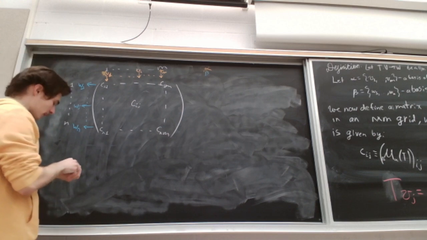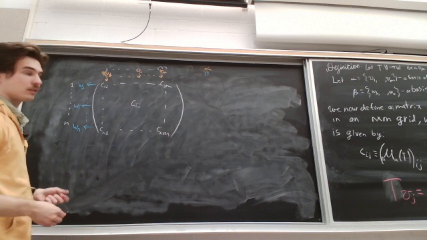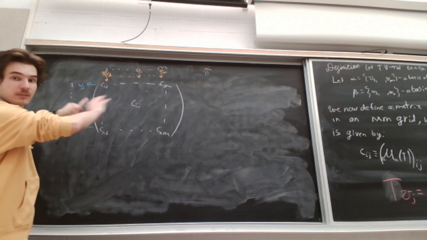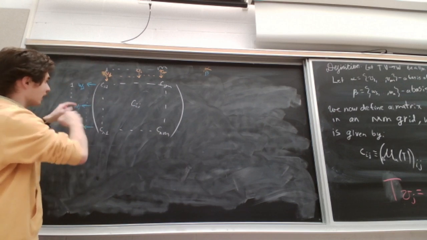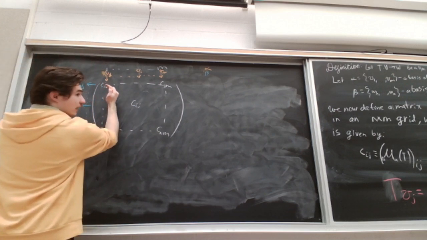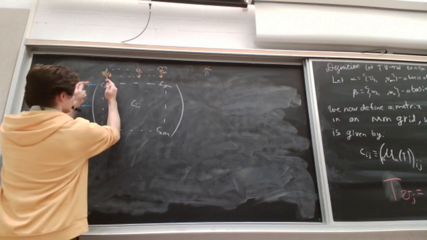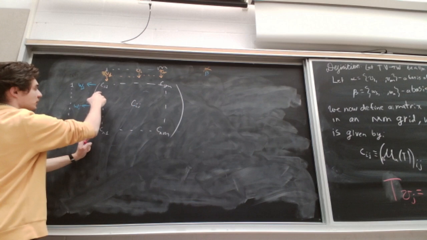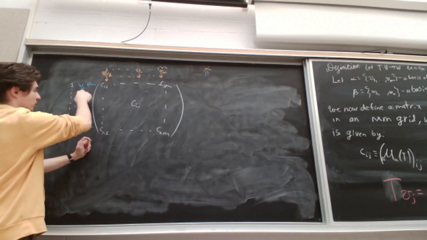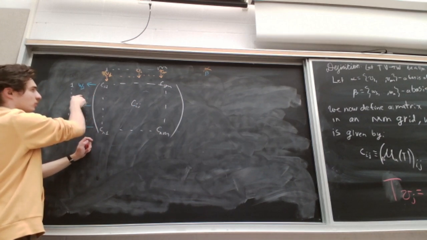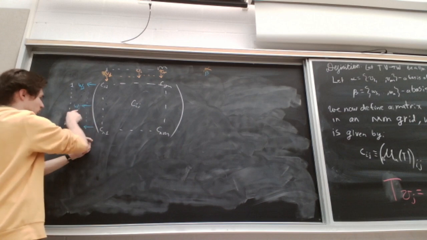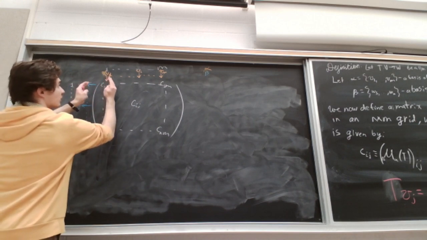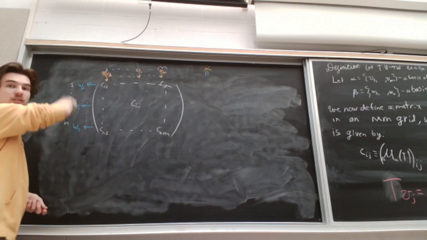So if I plug vector V1 into my linear map, then on the output, this column is going to give me the coefficient in front of W1, the coefficient in front of W2, the coefficient in front of Wj, the coefficient in front of Wn in the expansion of T V1 in the W basis.